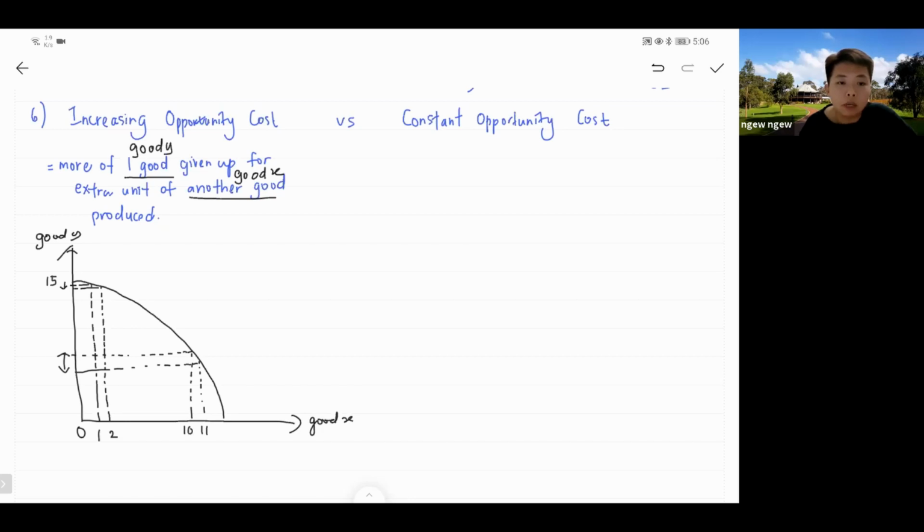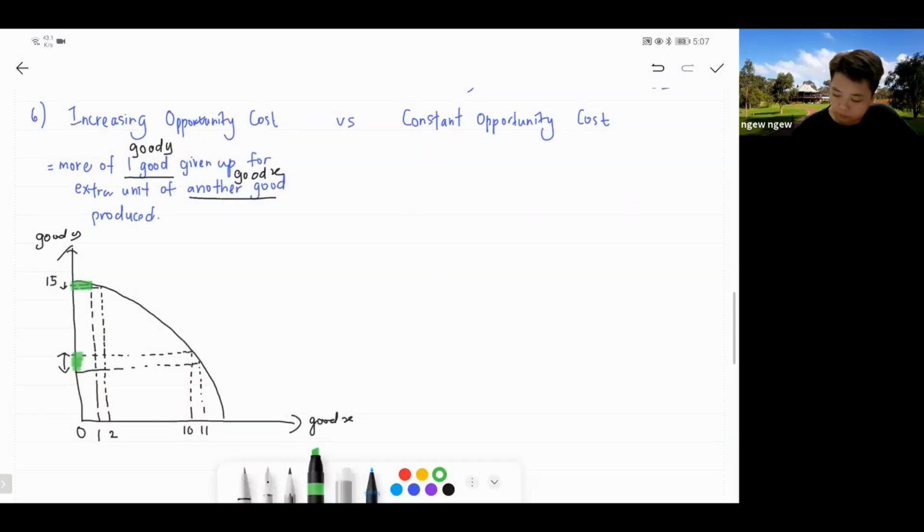So this is what we call increasing opportunity cost. This is your initial opportunity cost, and later on, you need to give up this much of Y for an extra unit of X.